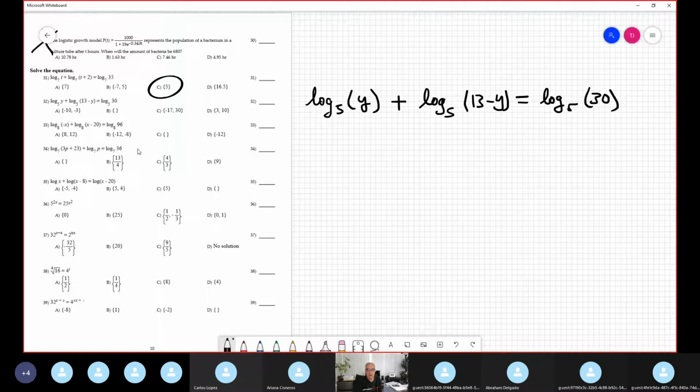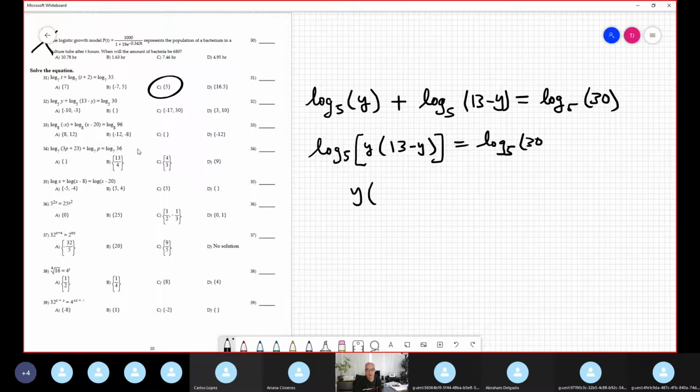Condensing in only one, logarithm base 5 of y times 13 minus y is equal to logarithm base 5 of 30. Therefore, y times 13 minus y equals 30. I forgot to close the parenthesis here. So 13y minus y squared equals 30.